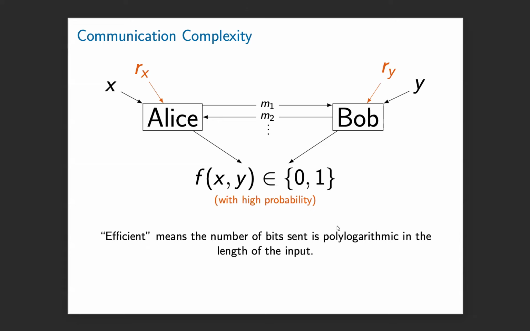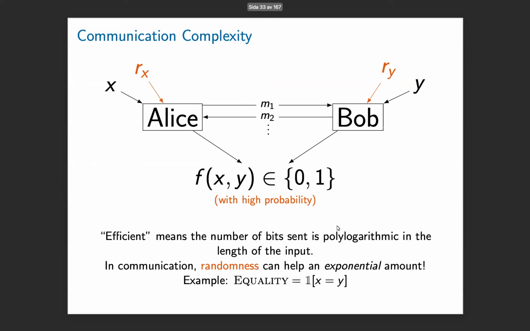We can also consider randomized communication complexity. Here we give Alice and Bob both access to some source of randomness. We let them use the randomness when computing their function. And now we allow that there's some small chance of error. We only want them to output the correct answer with high probability. So this is analogous to the P versus BPP problem in classical complexity.